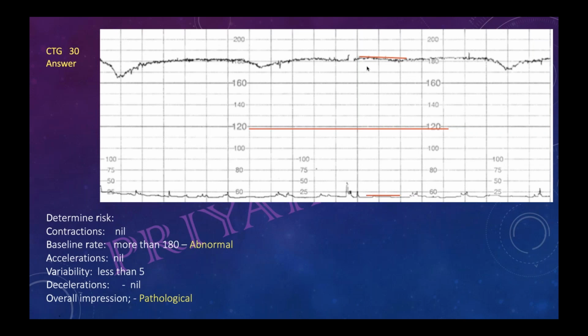Yes, you are right. Here the baseline rate is more than 180, so one abnormal feature is there. One abnormal feature will make this trace pathological.